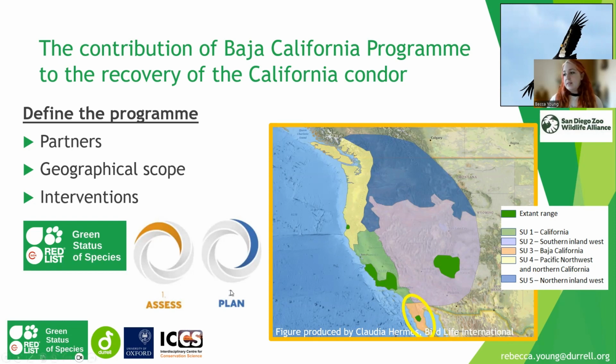For example, this program maps beautifully onto one of the spatial units, and that's not always the case. But if we had these spatial units in consideration when planning the program, it could help inform the level we need to work at to see an impact at the global level.